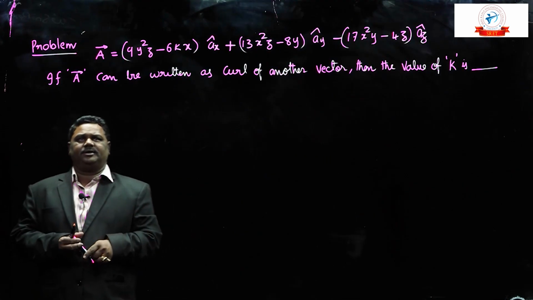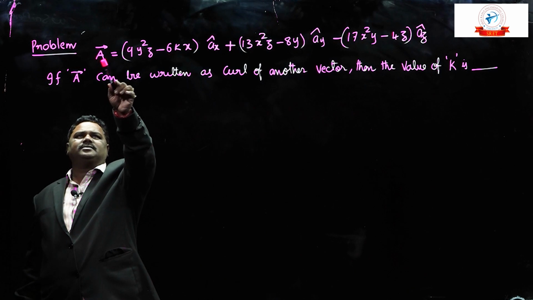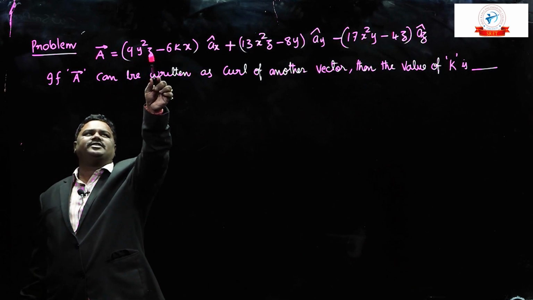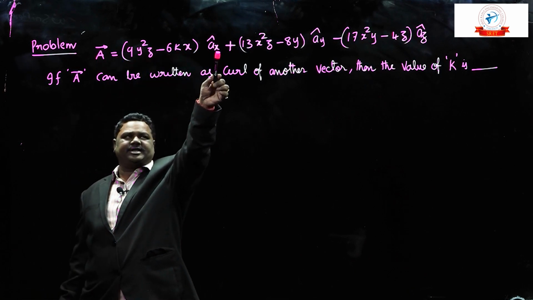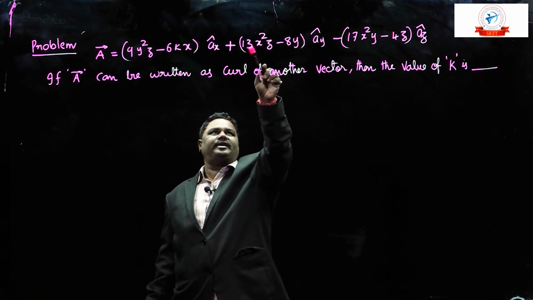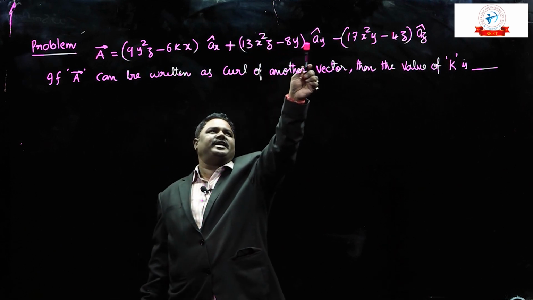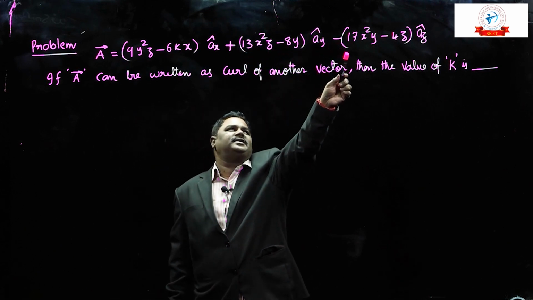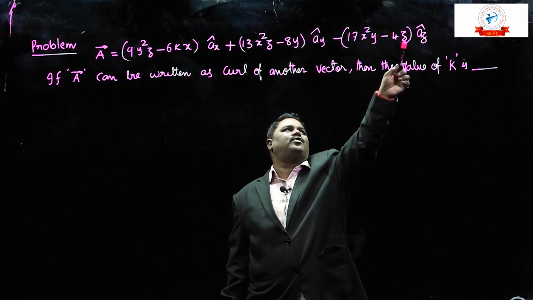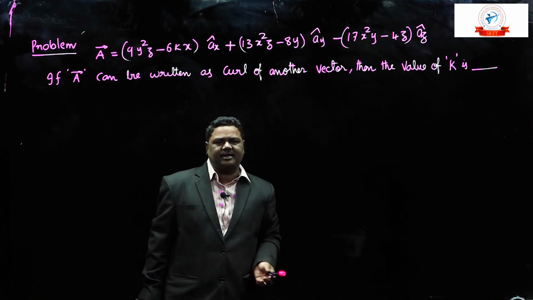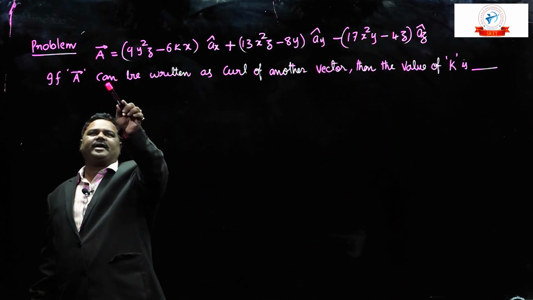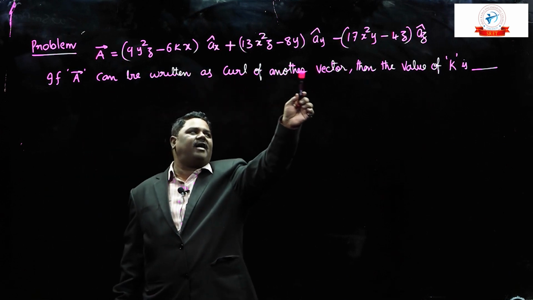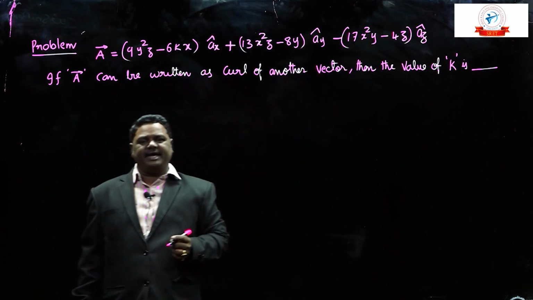So here a vector field A bar is given to us. A bar is (9y square z minus 6kx) x cap plus (13x square z minus 8y) y cap minus (17x square y minus 4z) z cap, a vector field. Okay, if A bar can be written as a curl of another vector, then what is the value of k?